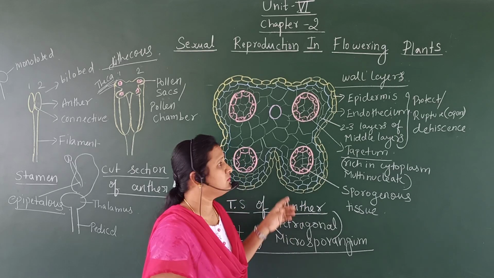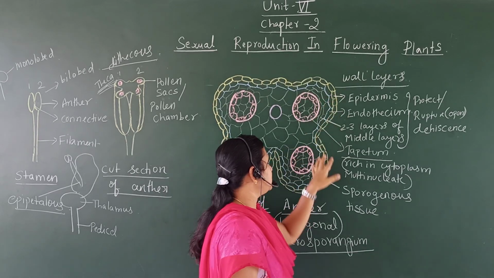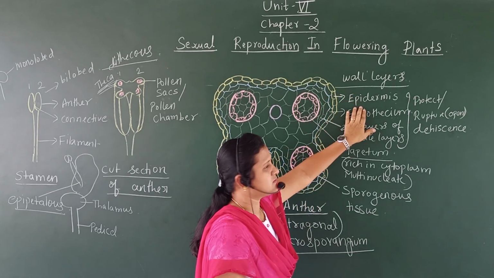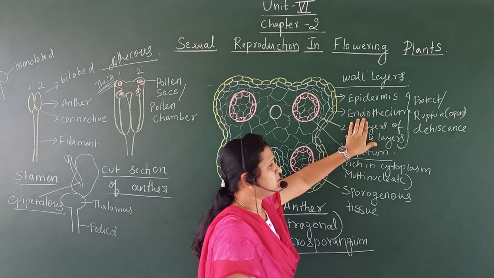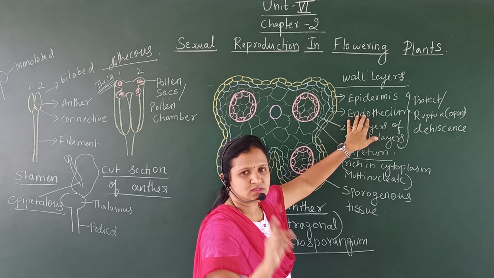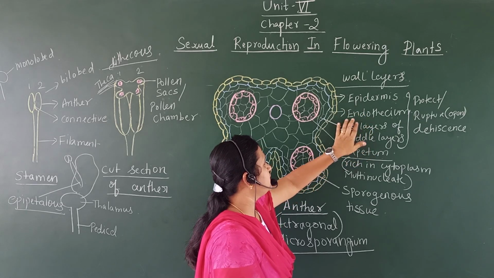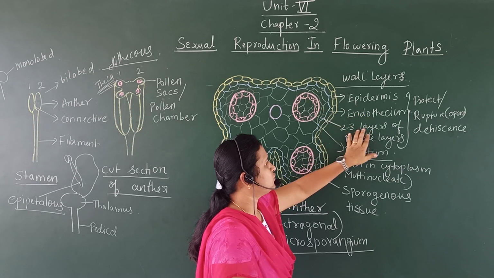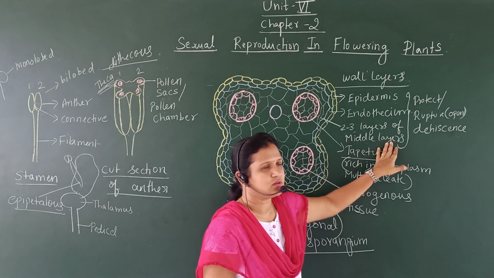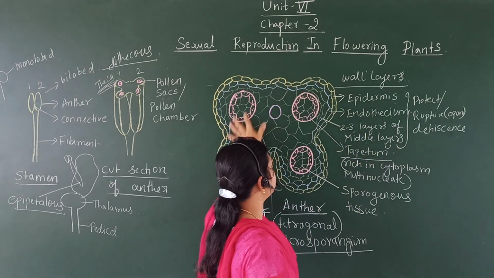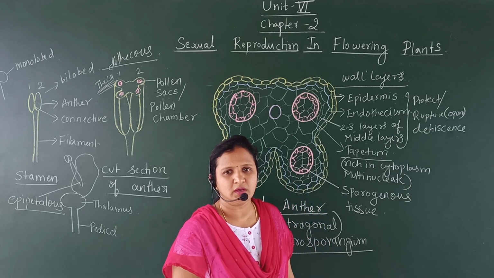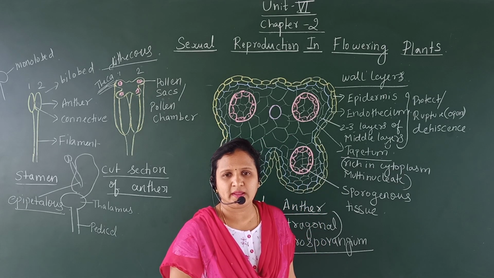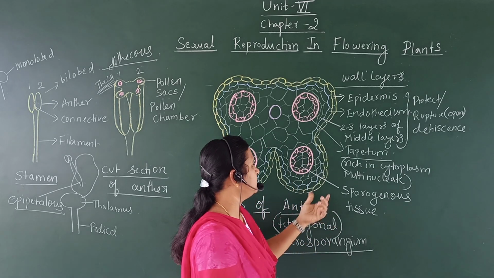So let me repeat once again. The entire anther is surrounded by 4 wall layers. Outermost epidermis. Next to the epidermis, endothecium. Both are single layered. And next to the endothecium, 2 to 3 layers of middle layers. All together they protect the anther and help in rupture or opening up of the anther, which is called dehiscence of anther.